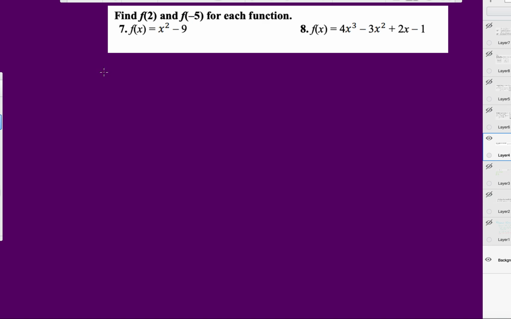So f of 2 equals 2 squared minus 9. We do the math. 4 minus 9 equals -5.